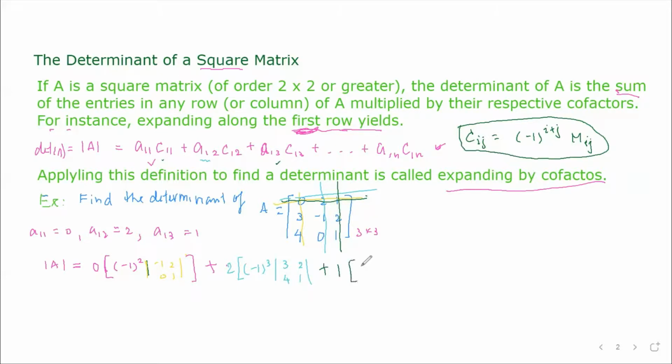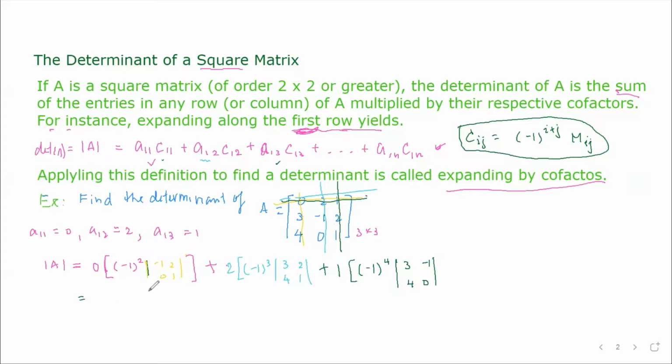Now the cofactor formula is (-1) to the power 1 plus 3, because it's 1, 3, so the power becomes 4, an even number. And then you do the determinant. First row, third column, so we leave out that and have 3, -1, 4, 0. Now we finish off this one.